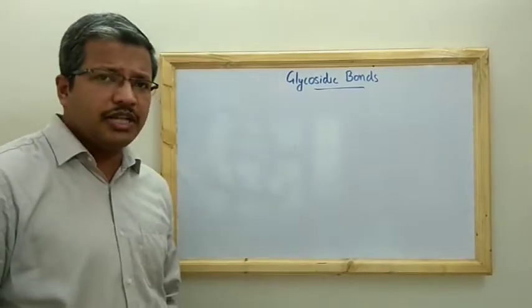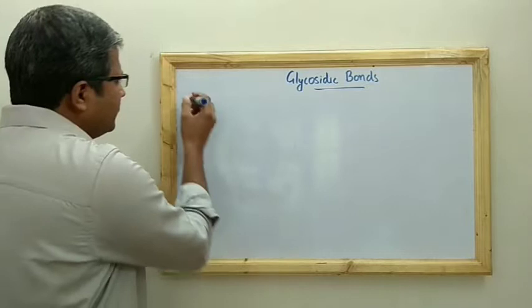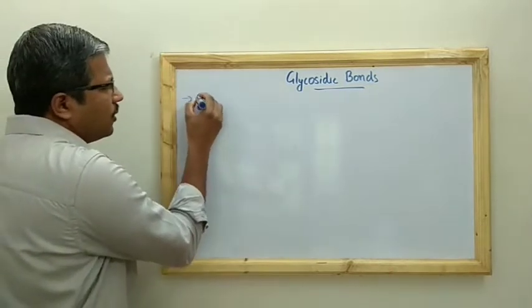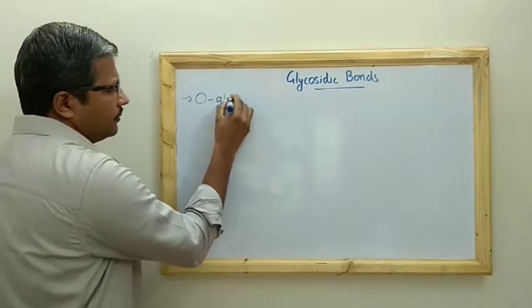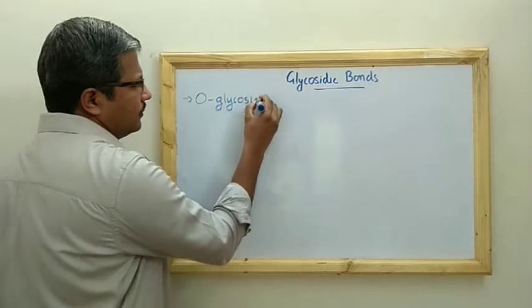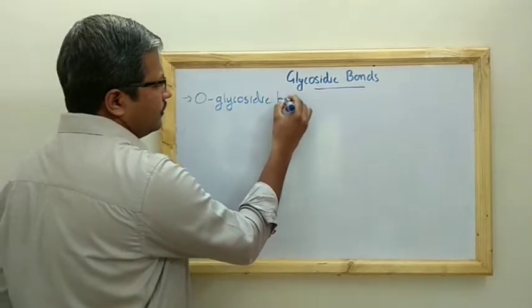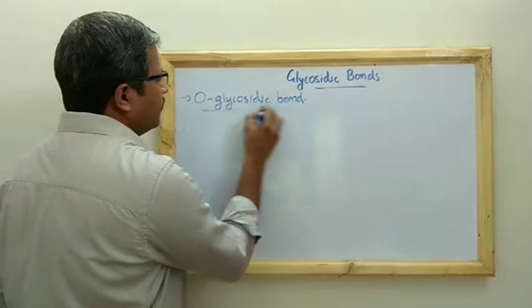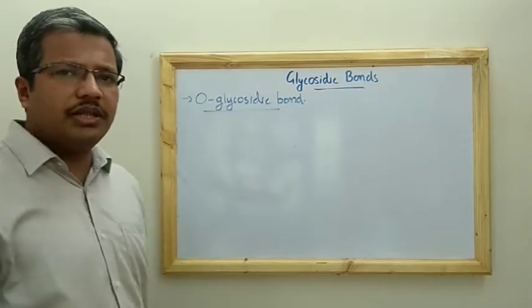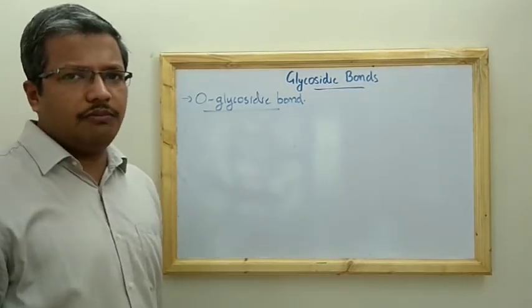There are mainly two types of glycosidic bond. The first one is the O glycosidic bond.